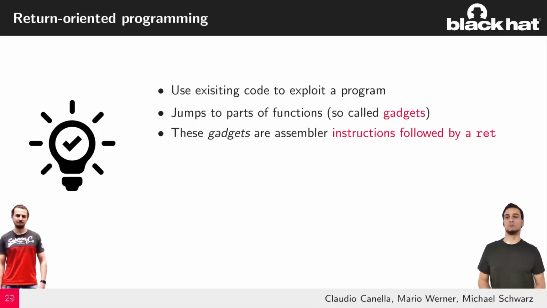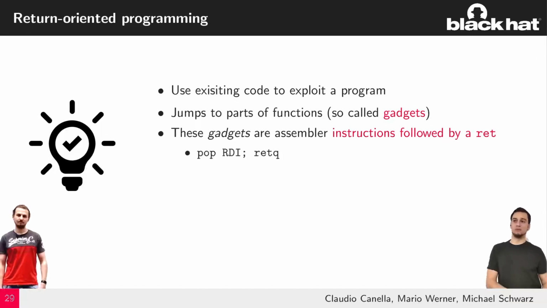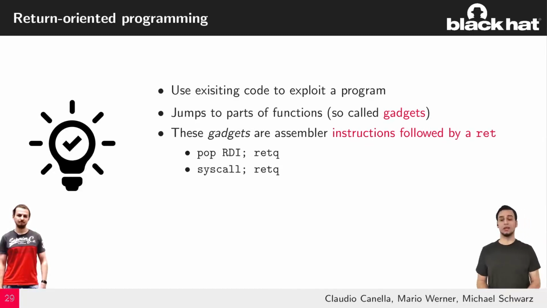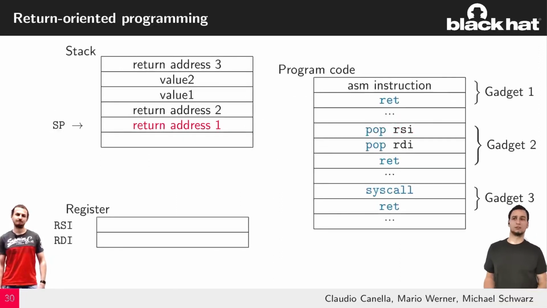So these gadgets could be as simple as getting some value from the stack into a register, or just executing a syscall. And with that, couldn't I still exploit your sandboxed application? I mean, if I look at that in detail, I'm suddenly using the stack pointer as the instruction pointer because I have the addresses there for all the gadgets I use.